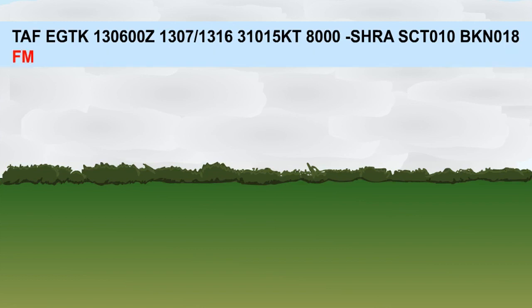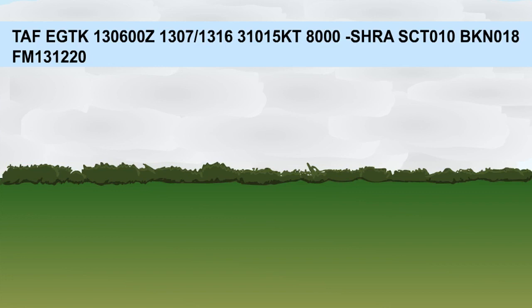The first change indicator is FM, meaning from. This is followed by a 6-digit time group. The first 2 digits are the date and the remaining 4 digits are the time in hours and minutes. This means that from the 13th at 1220 Zulu, certain weather changes will occur.